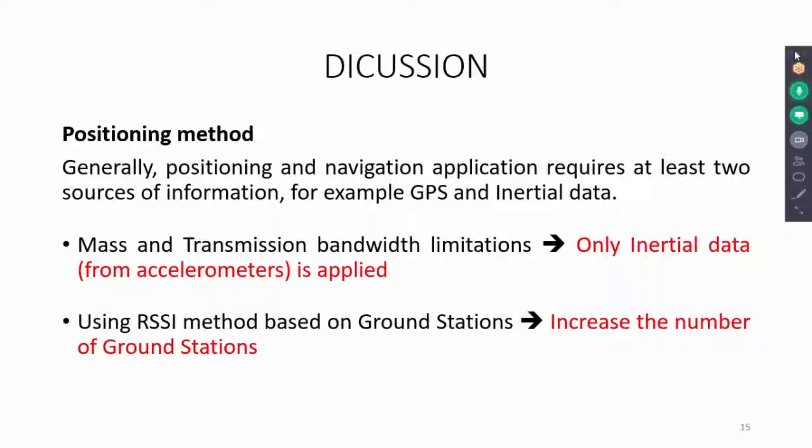For replacing GPS, we are thinking about using received signal strength indicator measures based on ground stations. However, this will lead to increasing the number of ground stations to at least 4 instead of just one.